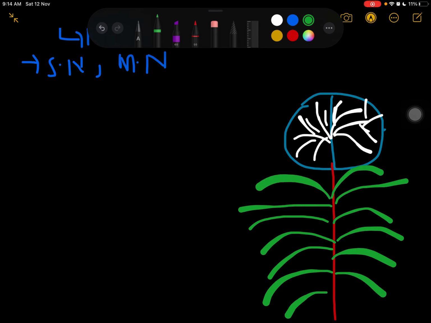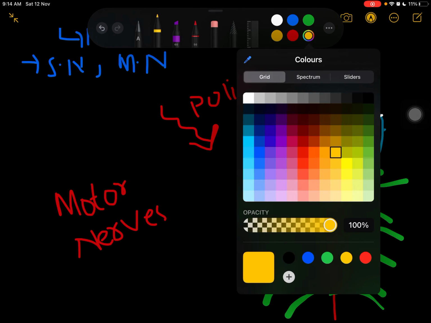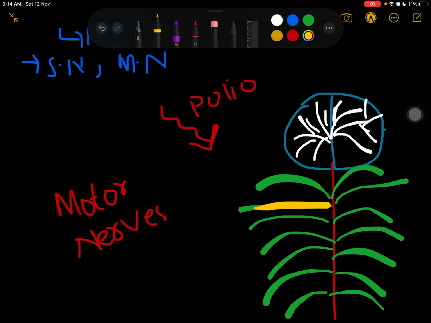Now what will happen when this poliovirus comes? It will infect your motor nerves. These are your motor nerves and they will get infected.